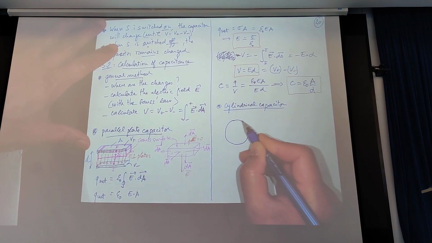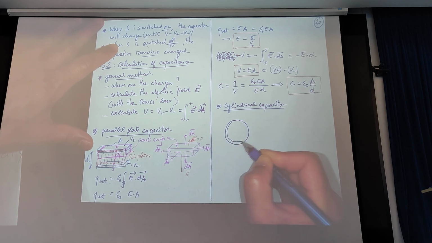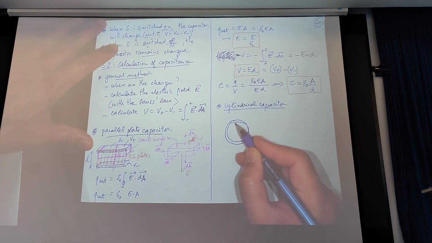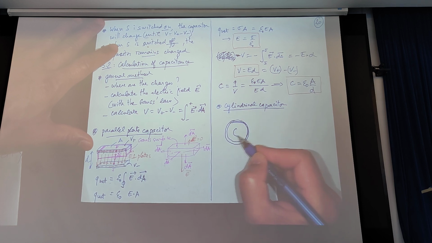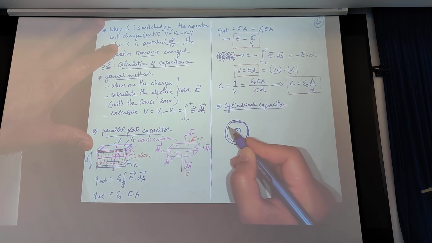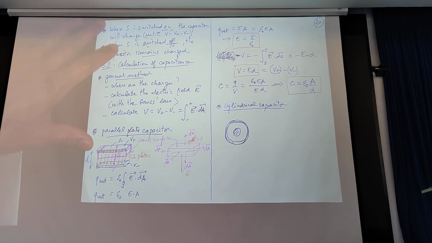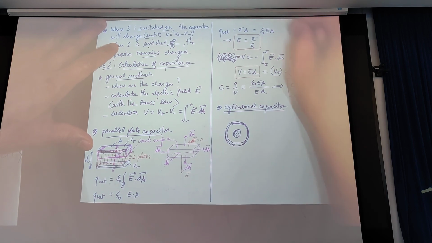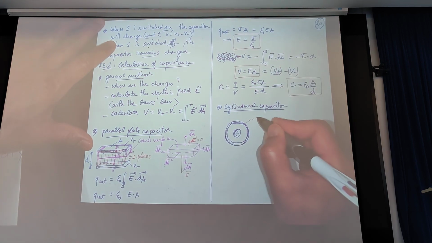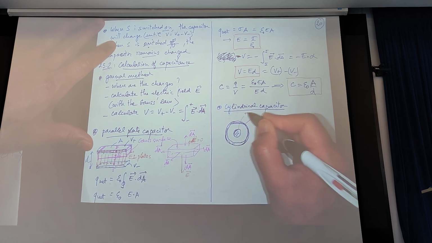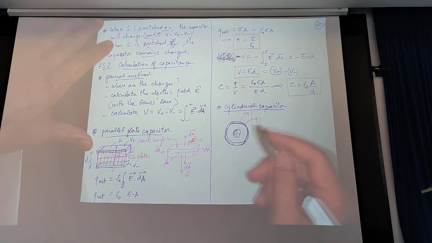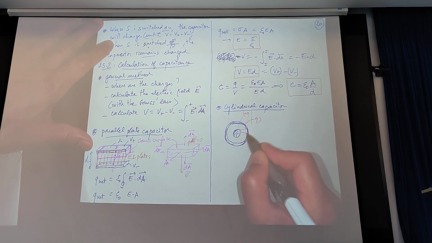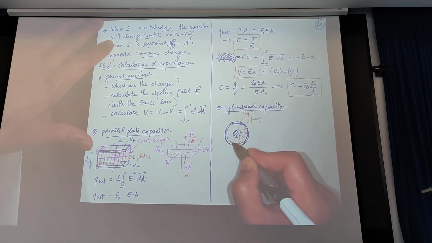This is a cylinder. And inside we have this. Okay? So, we can decide that this one is plus Q and this one is minus Q, whatever. Okay? So in that case, the electric field is radial by geometry.